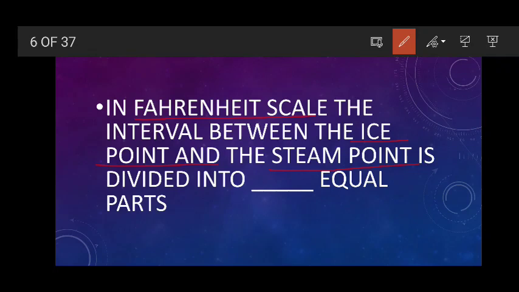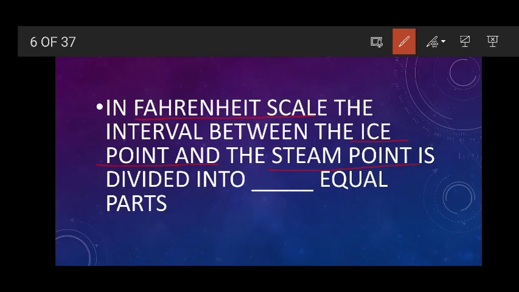I have discussed in my previous video also that the first one is Celsius scale, second one is Fahrenheit scale, and third one is Kelvin scale. In Celsius scale, the interval between the ice point and the steam point is divided into 100 equal parts, whereas in Kelvin scale the interval between the ice point and steam point is also divided into 100 equal parts.